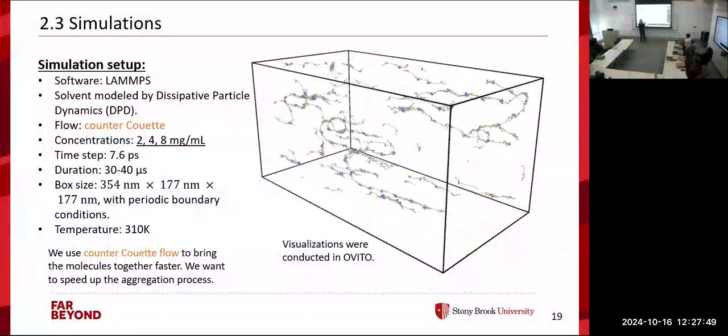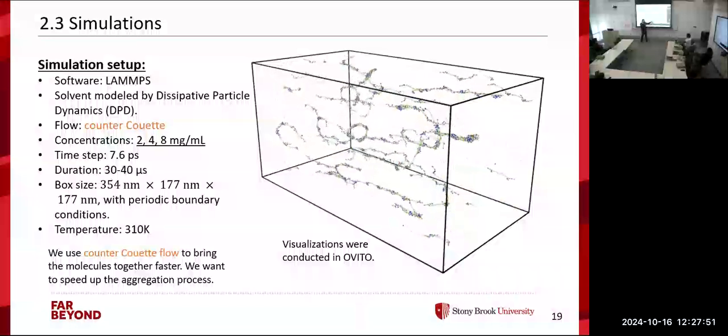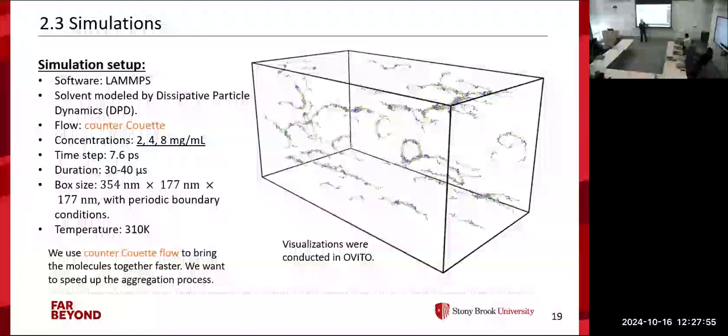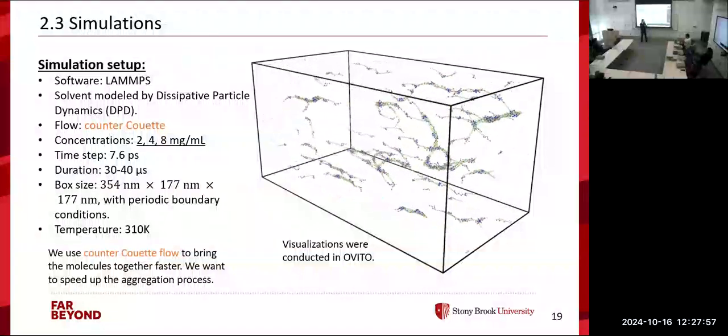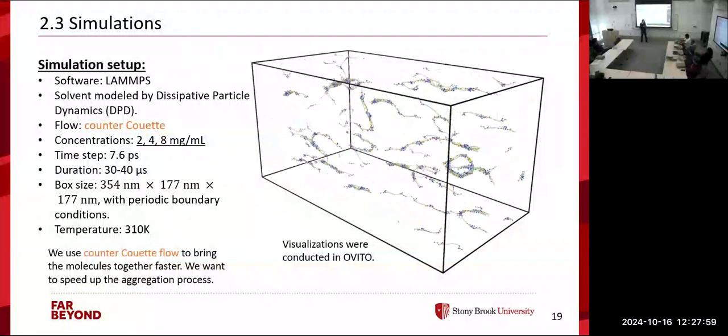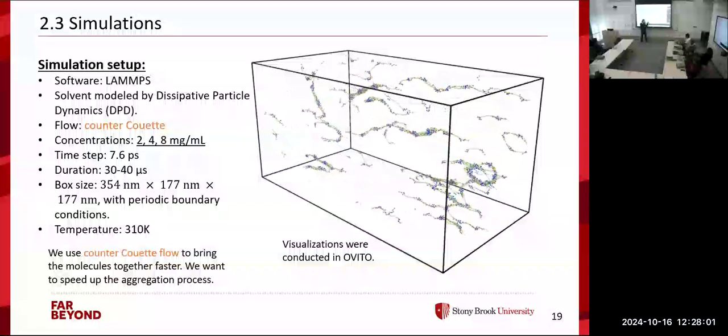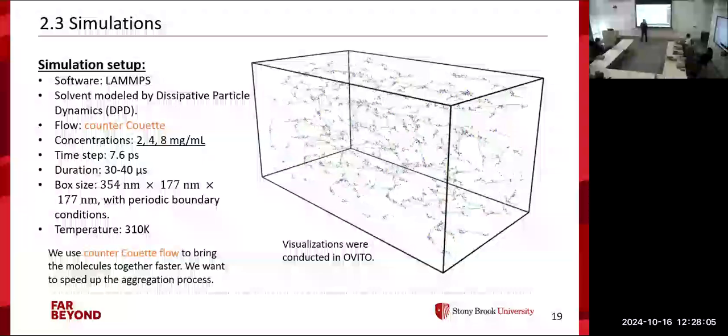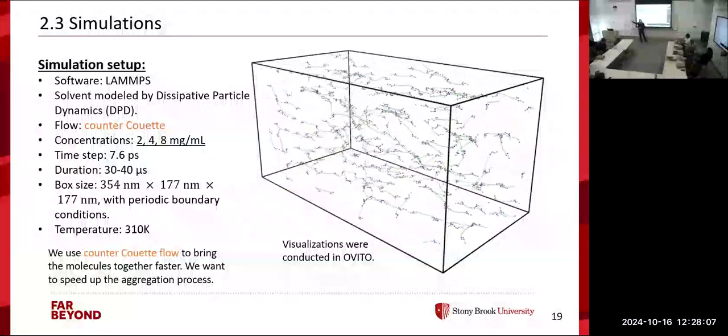Counter wet flow means that there's flow on one side in one direction, flow on the other side in another direction. Why do we do that? Well, we want to just speed up the process by which the molecules come closer to each other. If we don't have it, it will still happen. There will still be polymerization, but it will take much, much longer.